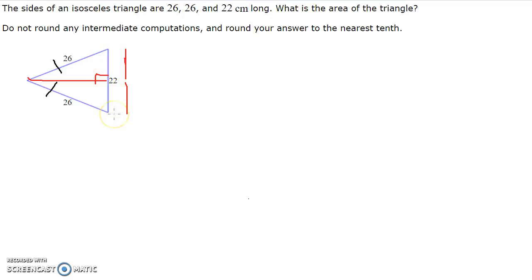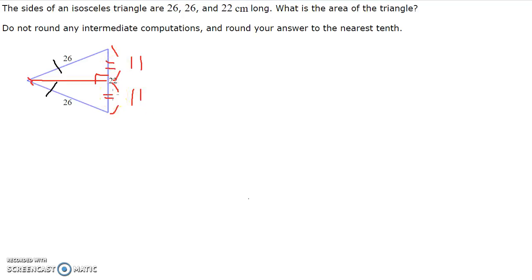Now I just created this perpendicular line, but because of the 26 and the 26 here, this is going to be equal to that, right? So in other words, this will be 11. This part here will be 11, and this part here will also be 11. So there you go. That's what's happening here.